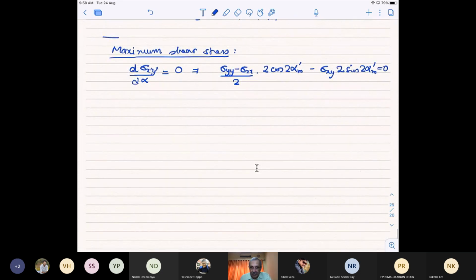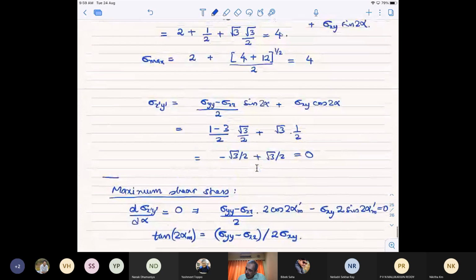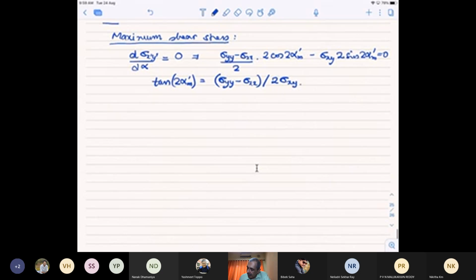And so you will get another angle. Tan of 2 alpha m prime is equal to sigma yy minus sigma xx divided by 2 sigma xy. So you can see that there is a really close relationship between tan of 2 alpha m and tan of 2 alpha m prime.